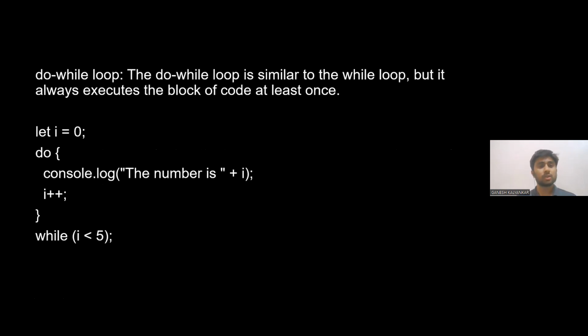In do while loop, the code will execute at least once, because in this curly braces, the code will execute once, then it will check for this condition. If the condition is false, then it will terminate here, and if it holds true, then it will go back again to the do and execute this code again.